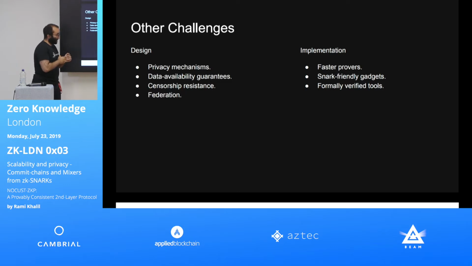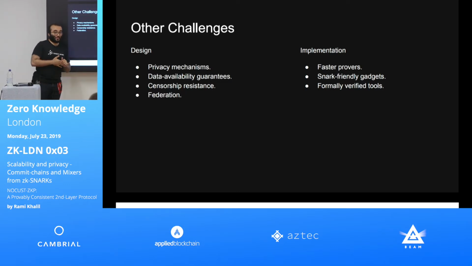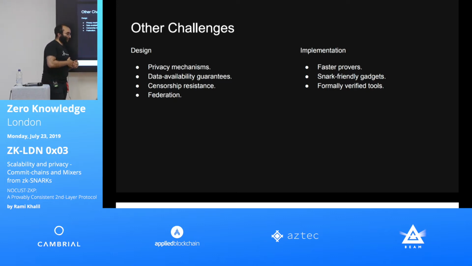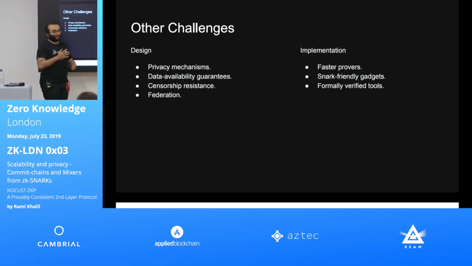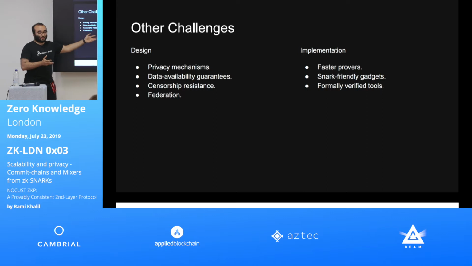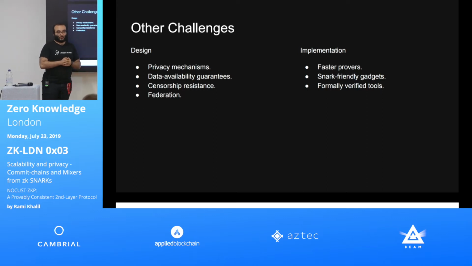And on the implementation side, of course, faster provers. Right now, we're using CPUs pretty well. GPU implementations, things with some pre-computations for the scalar multiplications would be good. There's a lot of work that can be done here. Coda has, I think it's still running, a challenge on building a fast prover.